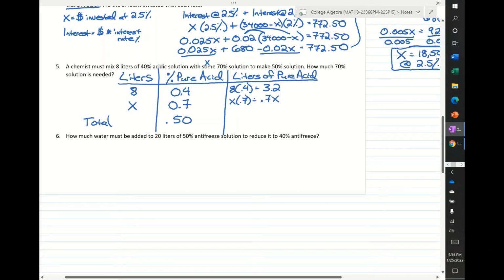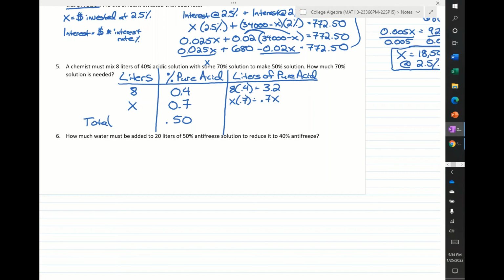And it gives us the total of 50% acid. If we set it up using this chart, we just have to figure out what goes here. We're combining 2 different fluids. One is 8 liters, one is X liters. What do we write to combine? This number of X. Total, we want it to be 50%.